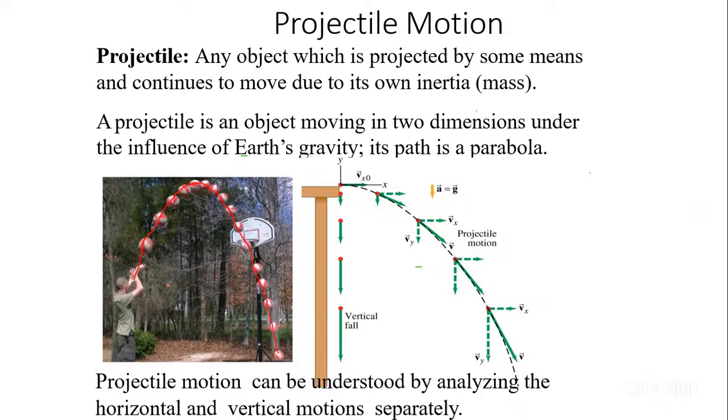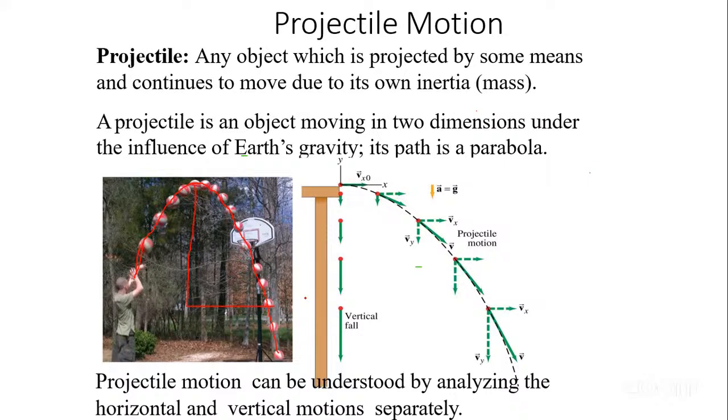This is where the young man started to throw the ball, and the ball is moving upward, as well as moving away from him. So the motion of the ball is 2-dimensional.